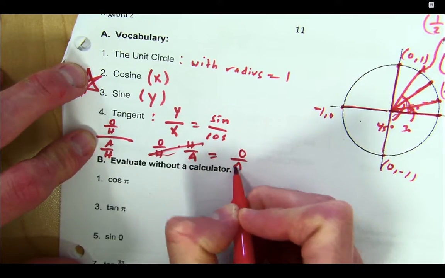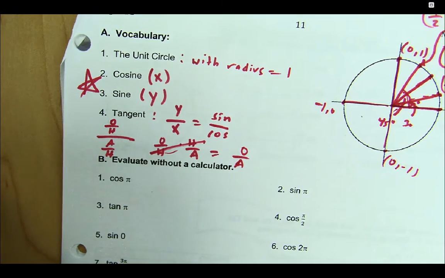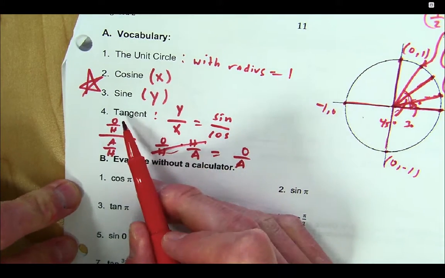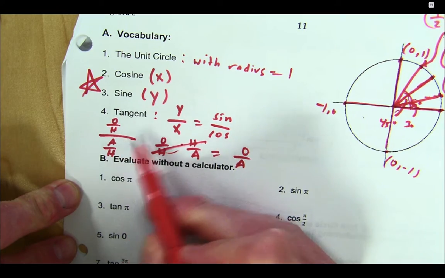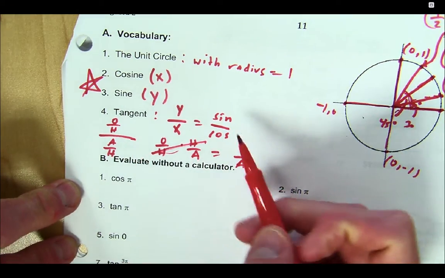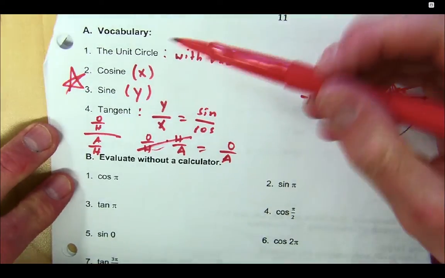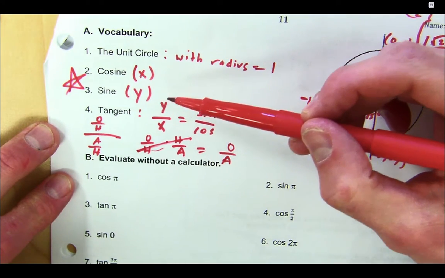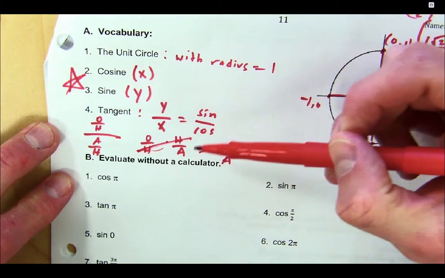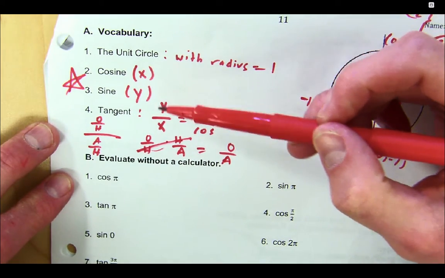You have O over A, and SOHCAHTOA, O over A is tangent. And notice we started with sine over cosine and ended with tangent, so they are the same. So the big thing for you to remember from this is cosine is x, sine is y, and tangent is y over x. If this part right here didn't make any sense, that's fine. Just remember that tangent is sine over cosine, or y over x.